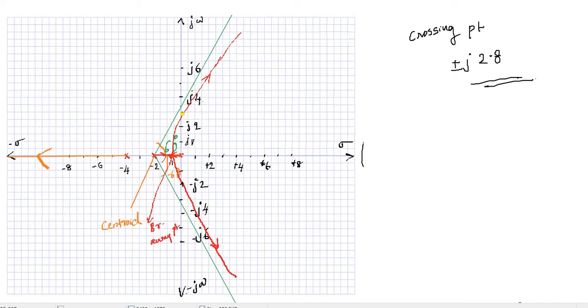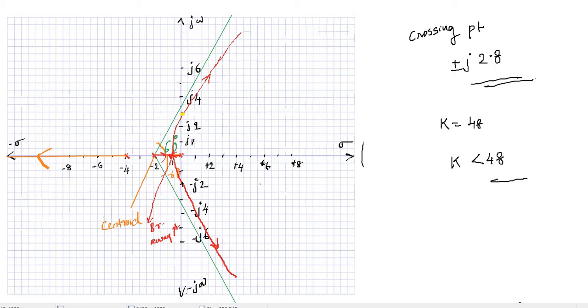When there are any roots in the right hand side, or RHS, the system will be unstable. So, here, when k is less than 48, because I have already told you we are plotting the root locus with respect to the parameter k varying from 0 to infinity, our root locus will be in the LHS.